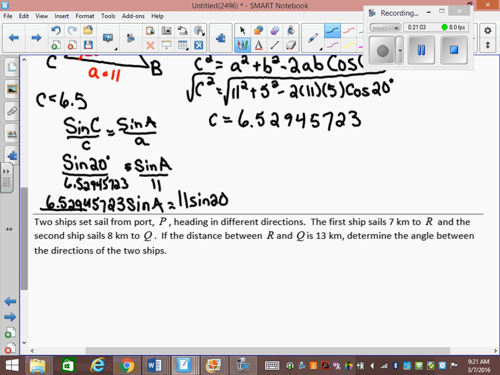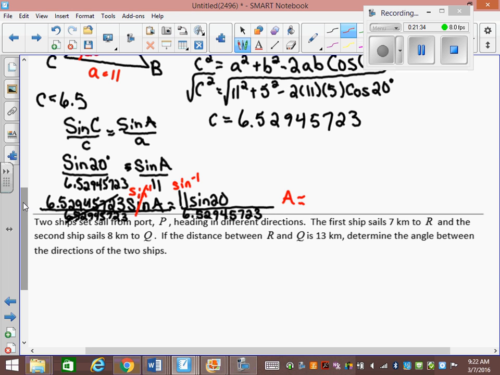Then you divide by this big angle, or big side, and that cancels. And now I'm left with sine A. I have to sine inverse. And so I'm going to get A equals.